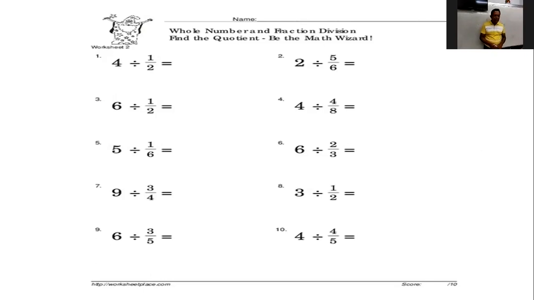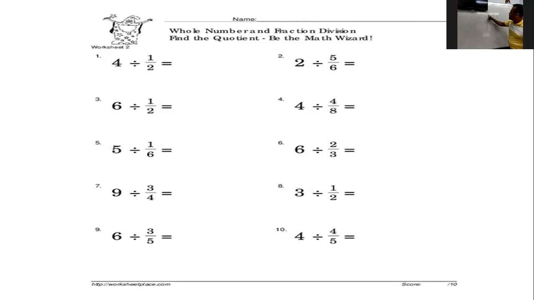Okay, that's the same idea. So, for example, number 2. Here you have 2 divided by 5 over 6. Then you invert this one, so it becomes 6 over 5.